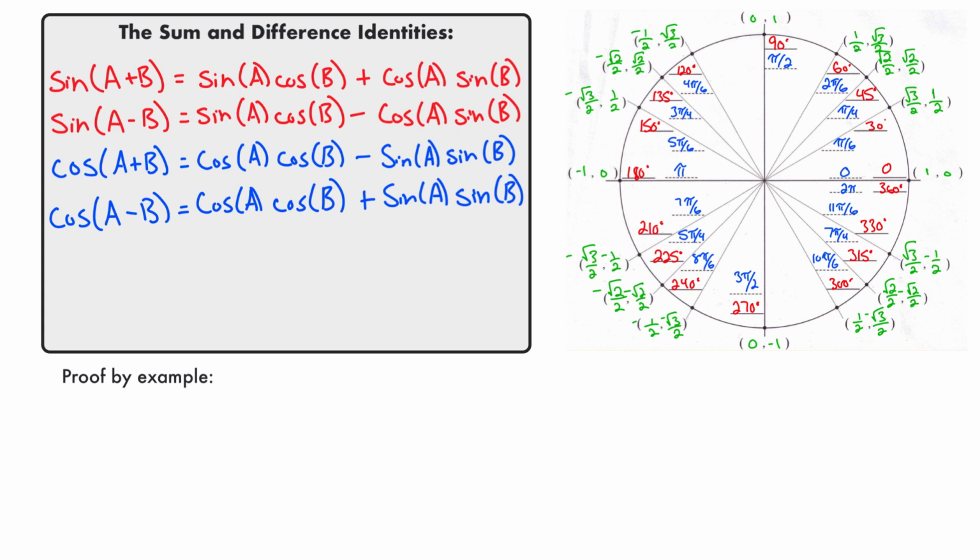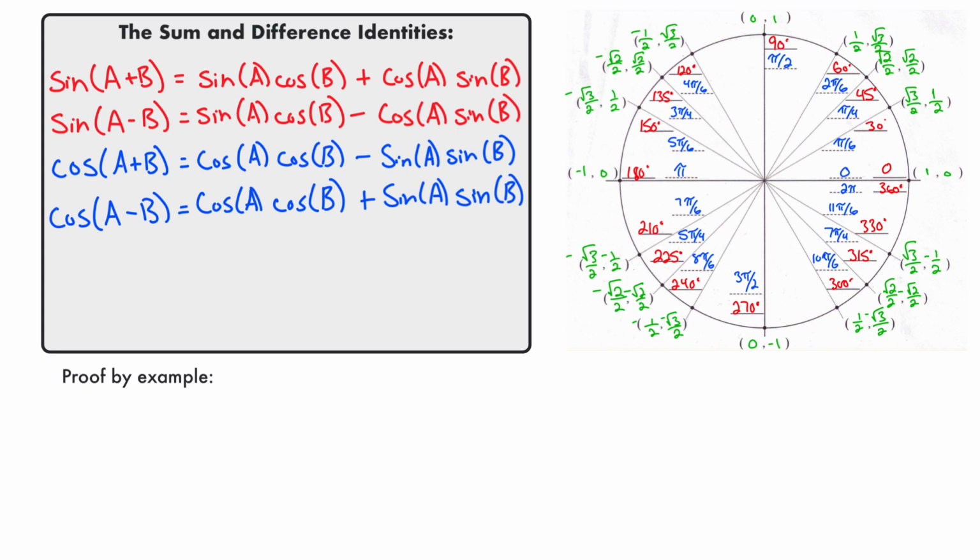Technically, there's also a sum and difference identity for tangent, secant, cosecant, and cotangent. However, as you can probably see, these are really complex identities, and their variations can be broken down into sine and cosine. So we typically only stick to these 4.